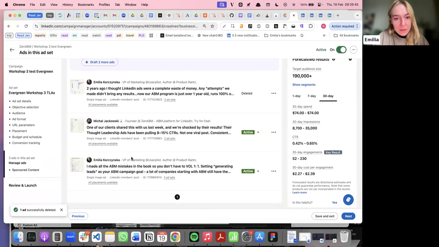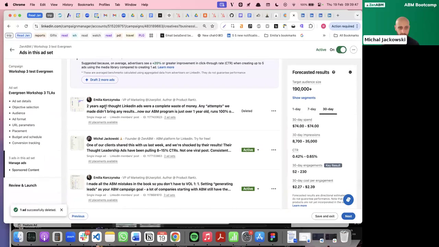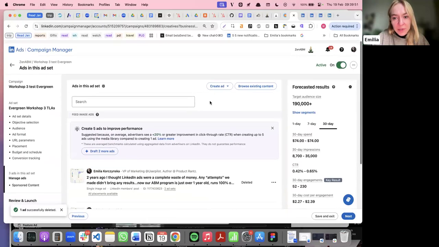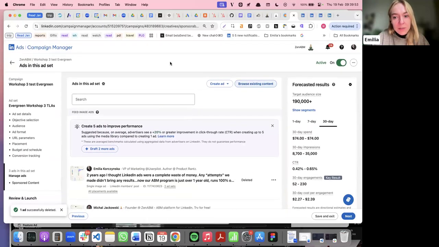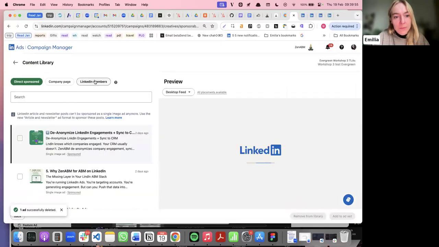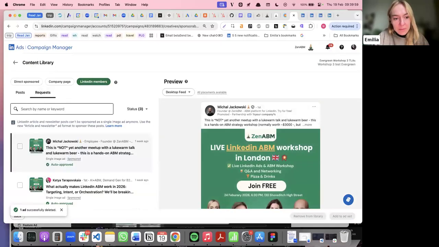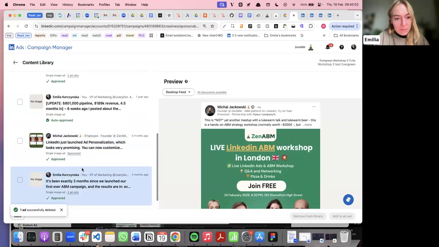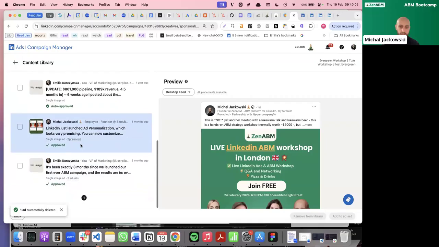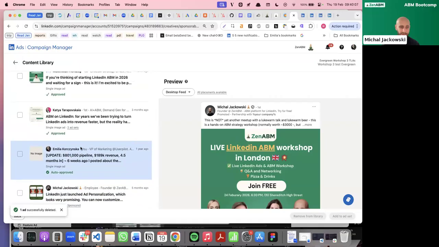So there is a button to open in feed. Two years ago. Okay, yeah, now I see, because we're just going to look for it by keyword. So browse existing content again. Members requests to your... Maybe you need to re-request it if you removed it.